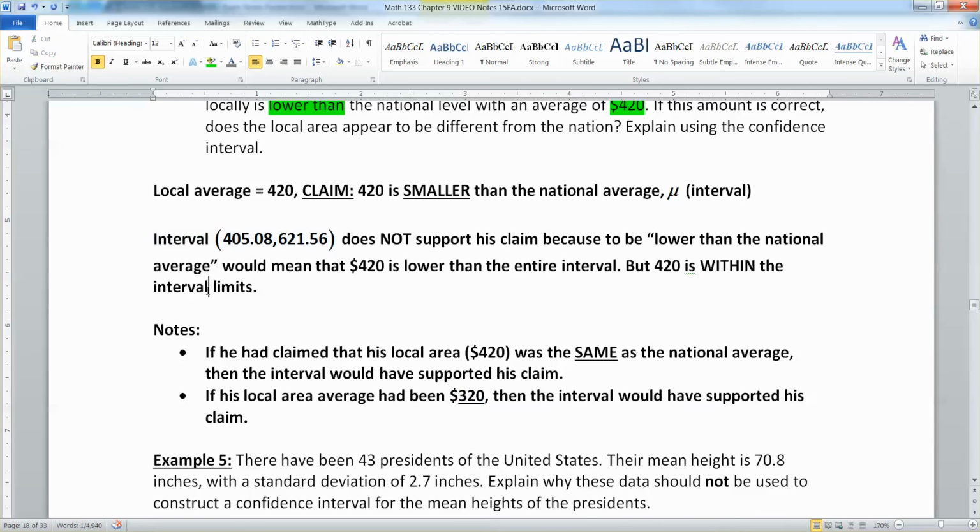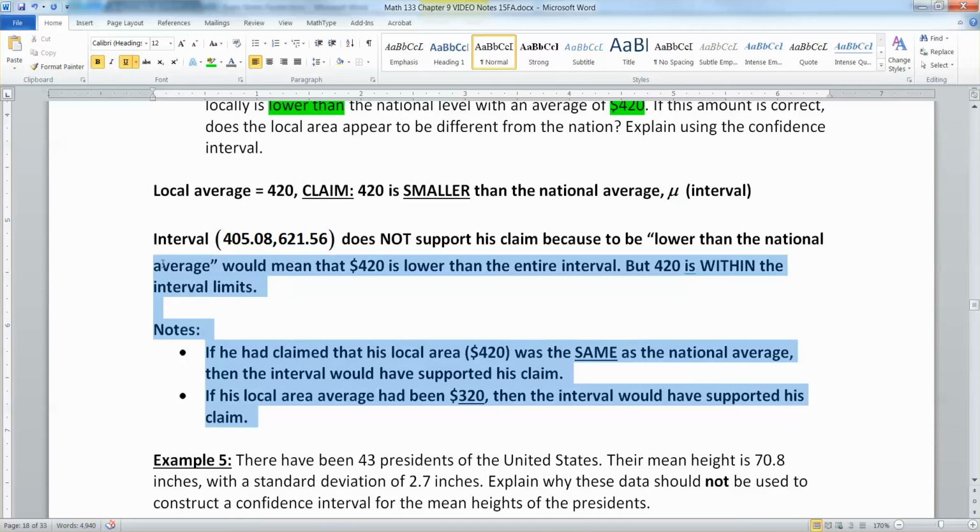So you have to either be lower than the interval by changing your number, or you have to be saying, I'm not different, I'm just like the national average because I'm right there in the middle of it. The interval would have supported both of those kinds of claims, but not that your average is lower with 420, because even though 420 is on the low side, it's still within the interval, and that's no good to you. It's within those interval limits.